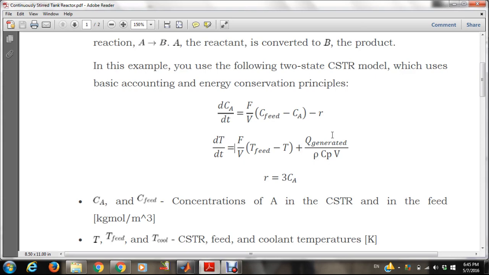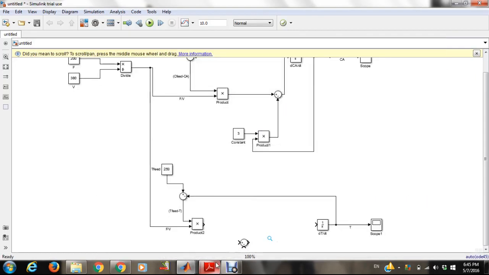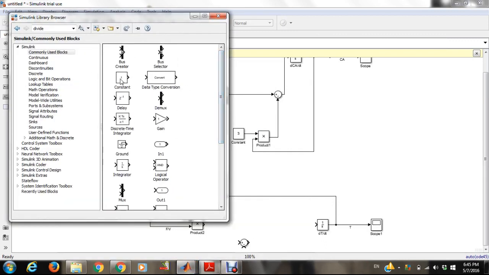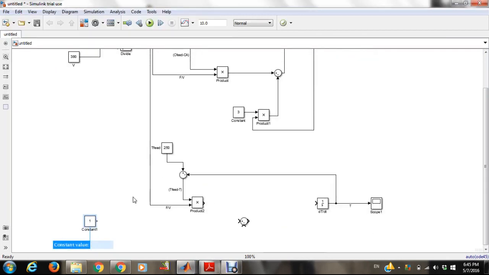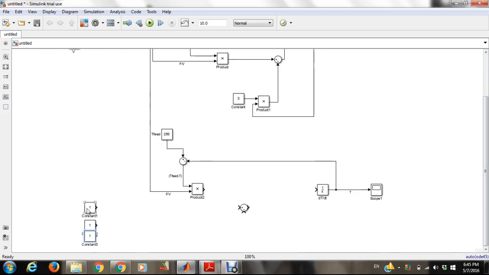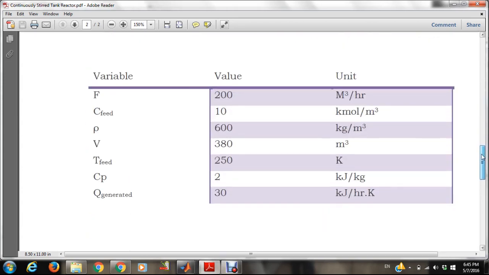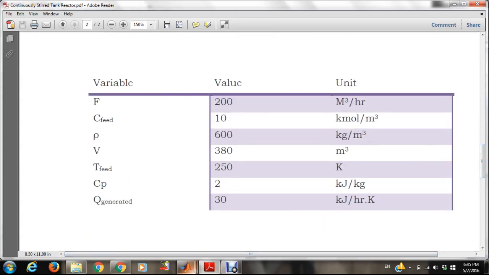So now we actually have four constants. I'll go to the library, create 4, or I could just easily Control C and V. Okay, so the first constant is Q. Q generated is equal to 30.